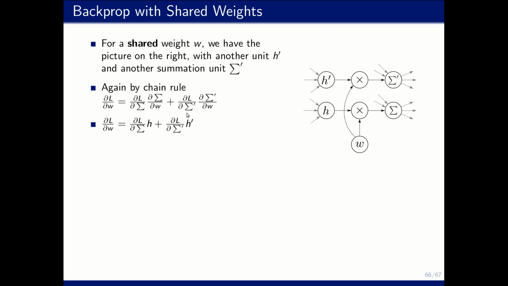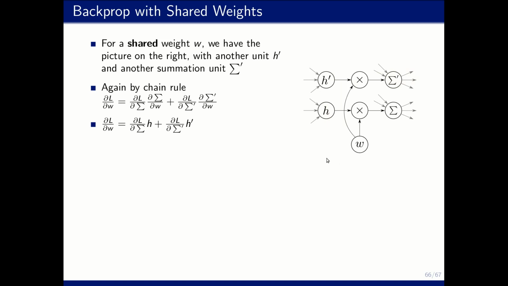And now we can see what the derivative of the loss after dW is. So again, by chain rule. This W is now used at 2 locations. And by the chain rule of calculus, we know that the derivative is dL after d sum, so after this node, times d sum after dW, plus dL after d sum prime, so after this node, times d sum prime after dW.